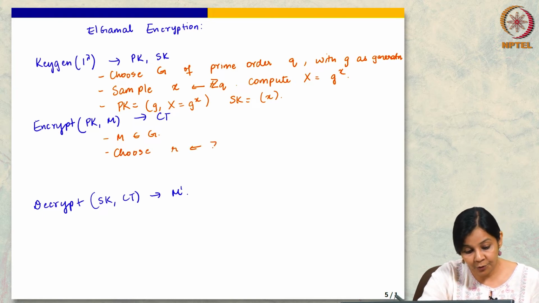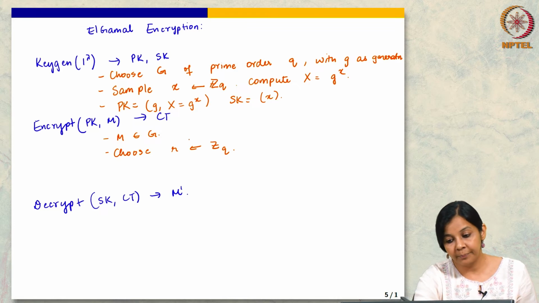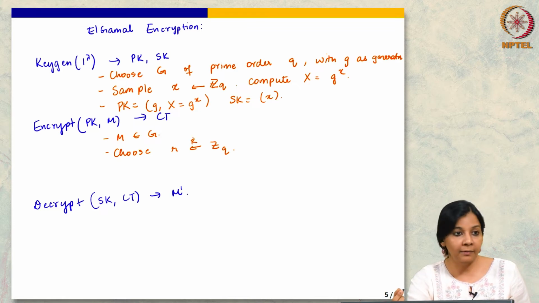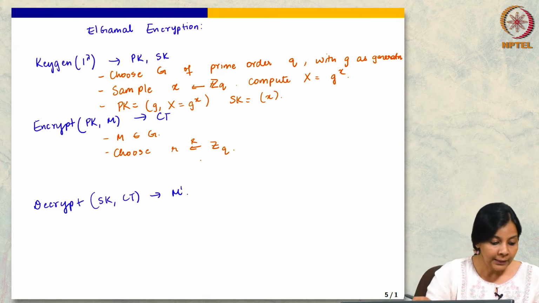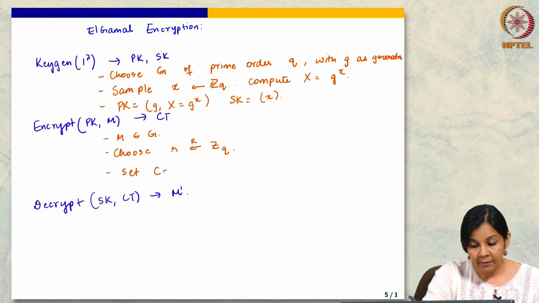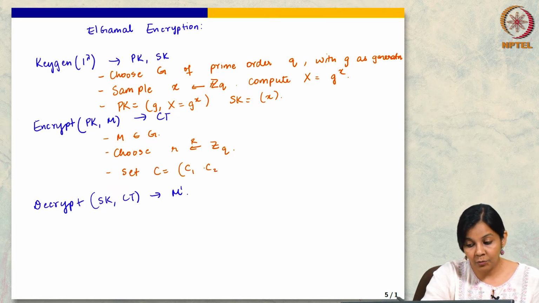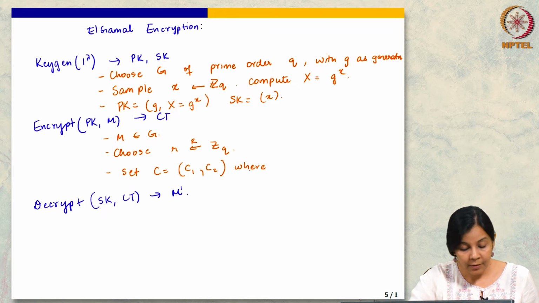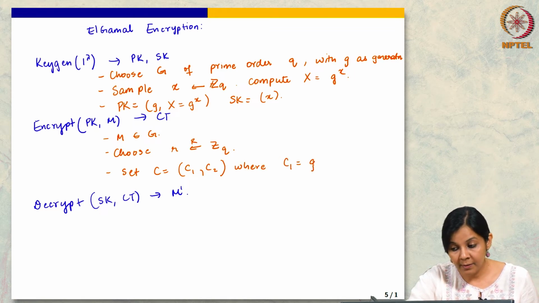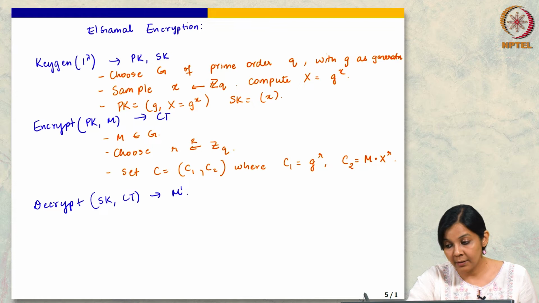Now this has to happen somewhere, right, because we already discussed how encryption has to be randomized. So I will sample some random r, and I will set C as C1, C2, where C1 is g to the r and C2 is M times X to the r.